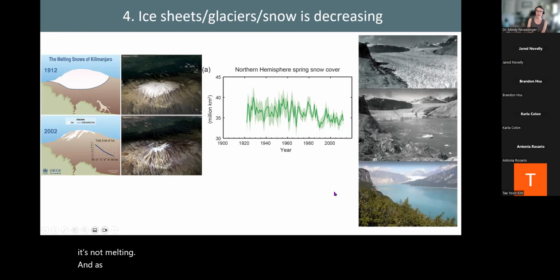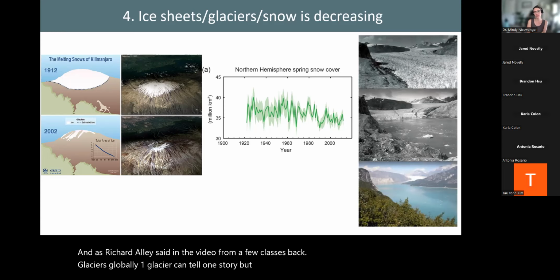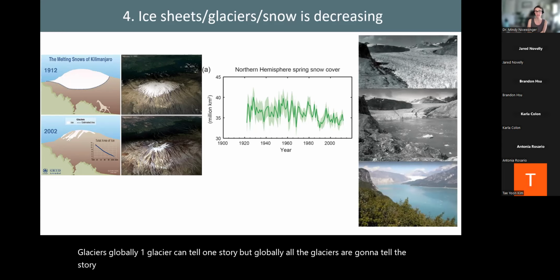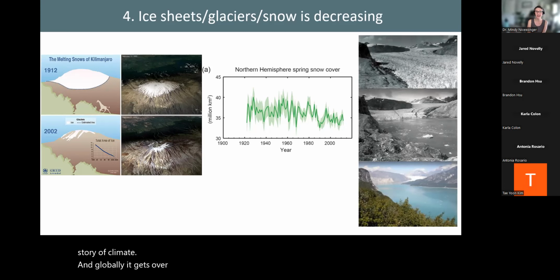As Richard Alley said in the video from a few classes back, one glacier can tell one story, but globally, all the glaciers tell the story of climate. And globally, I think it's 95% of our glaciers that are decreasing in size.